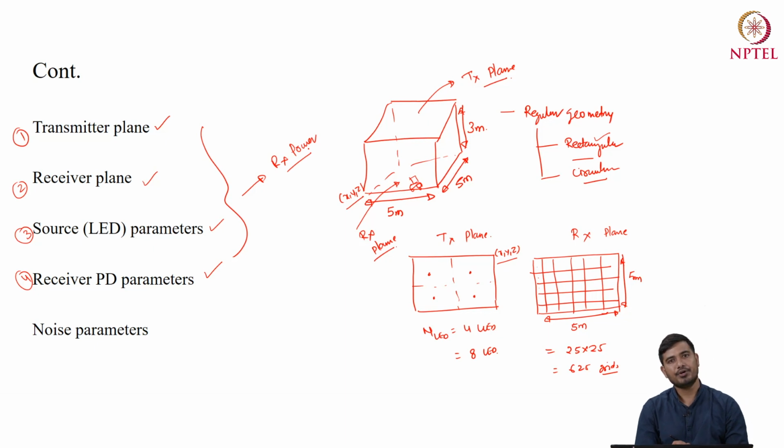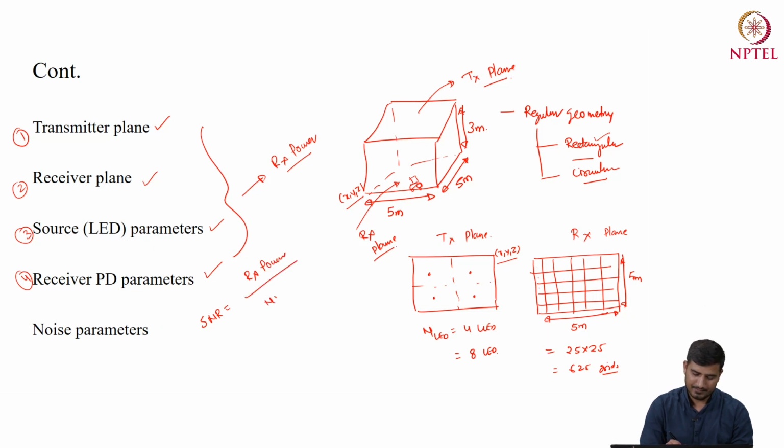But in order to get the better rate performance or outage performance, you also require the noise parameter, you can say the noise value, because your SNR is nothing but received power divided by the noise power. So again, in VLC, as you have studied, there are two types of noise.